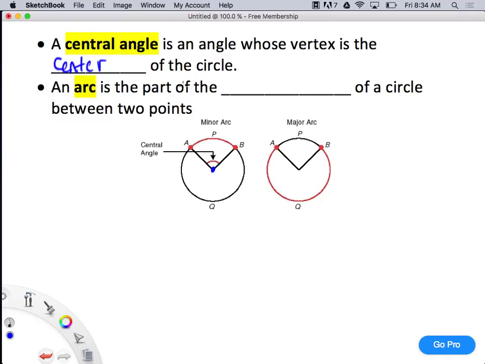What do you call this of a circle? The perimeter? You would call it perimeter when it's got sides, but for a circle you call it what? Circumference. Very good. So an arc is the part of the circumference of a circle between 2 points.